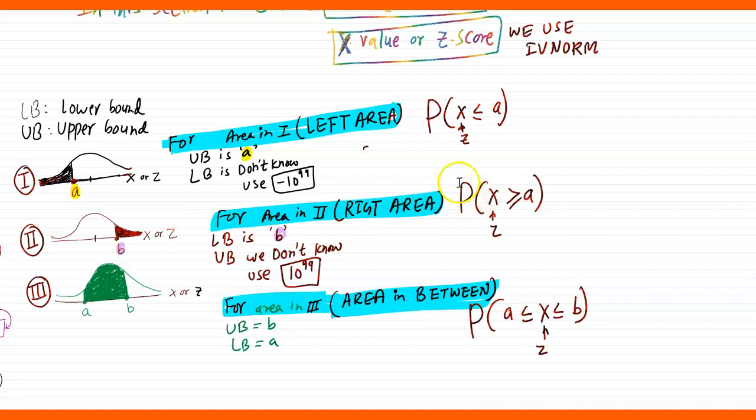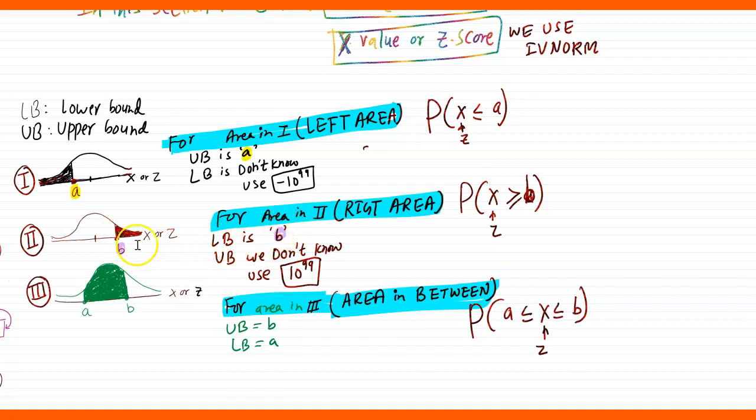This area is the probability of x greater than or equal to B, or probability of z greater than or equal to B. That's called the right area. Then you have lower bound B.